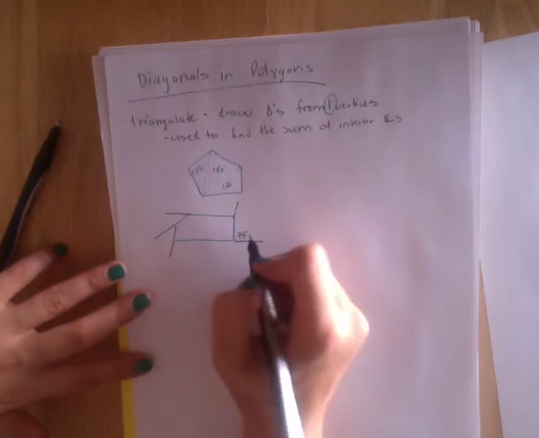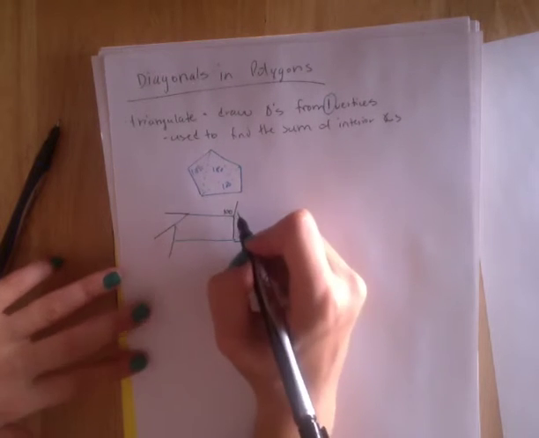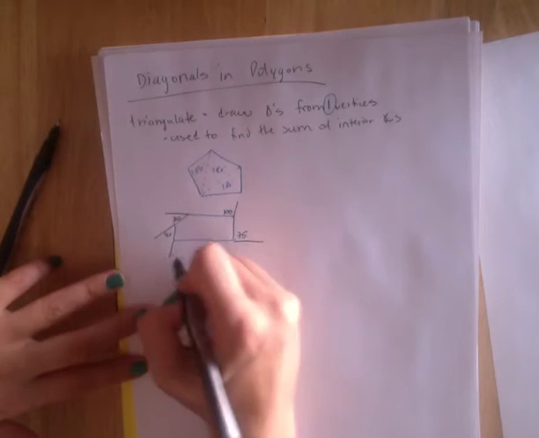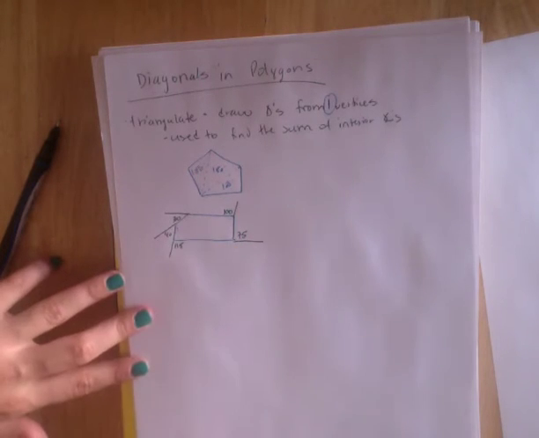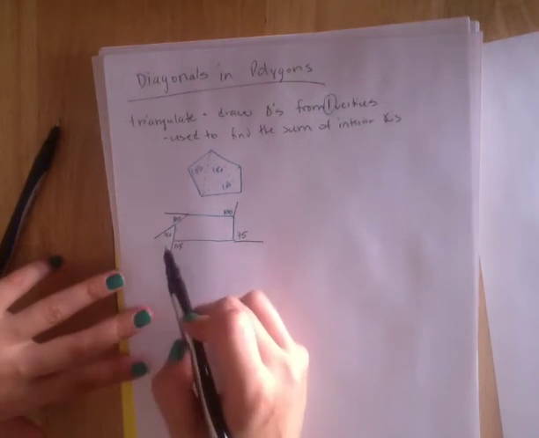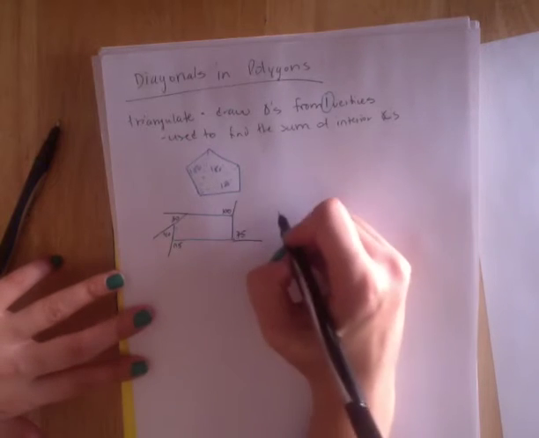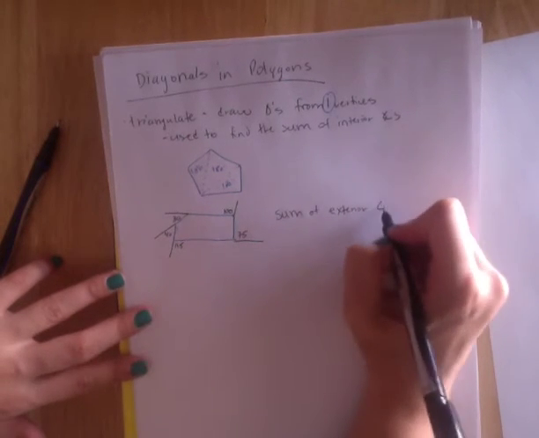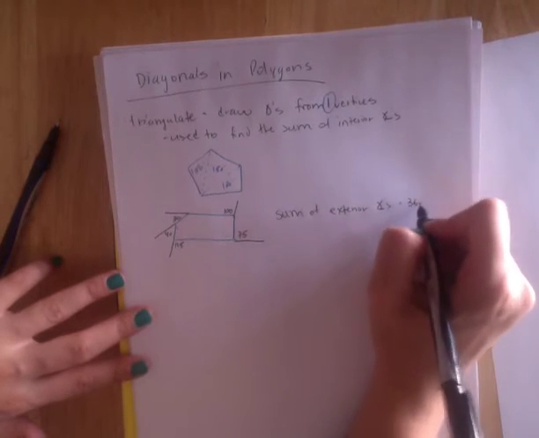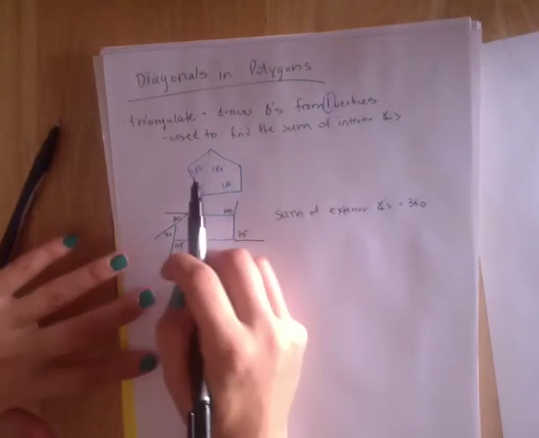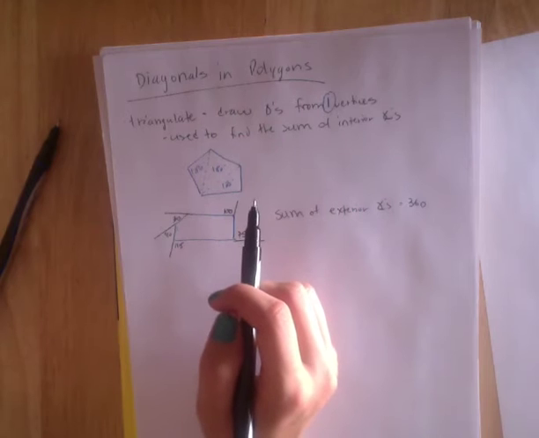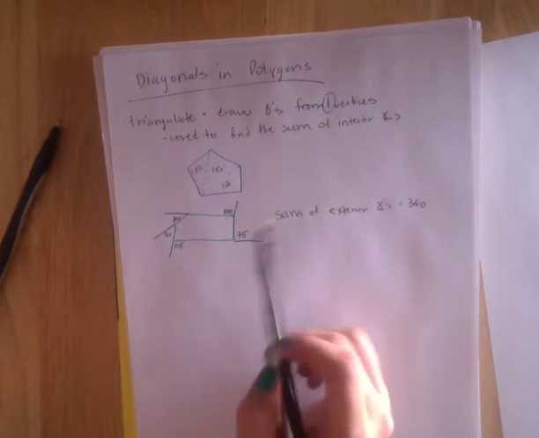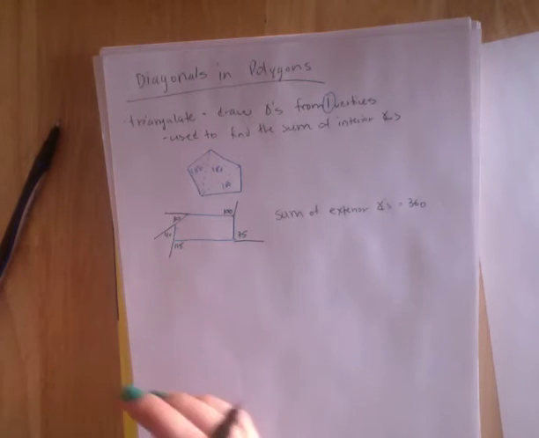If I said this was 75, this is 100, 30, 40, 115. This is saying that the sum of exterior angles is 360, right? We can find the sum of our interior angles, okay? And this is the sum of our exterior angles.